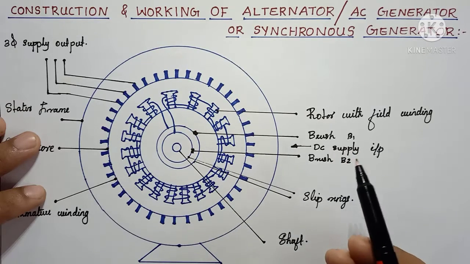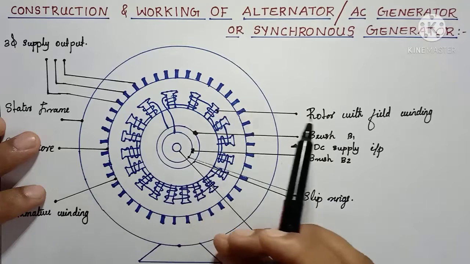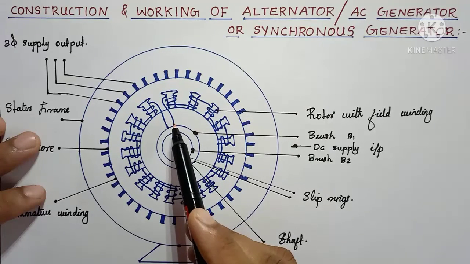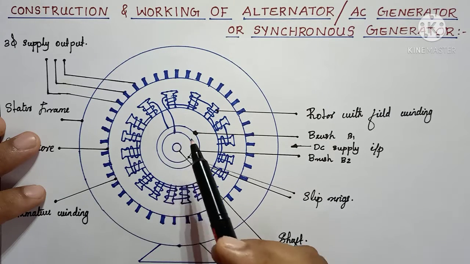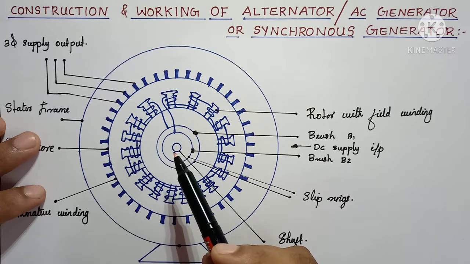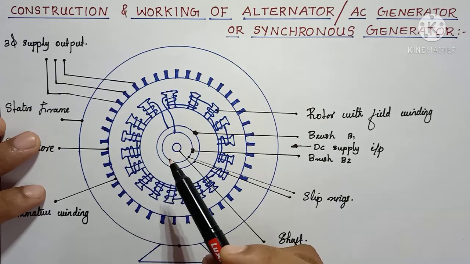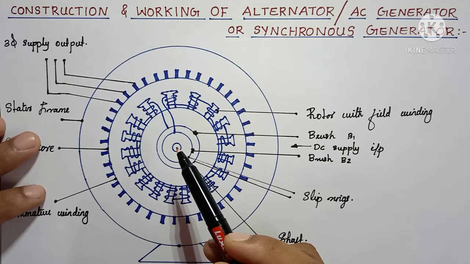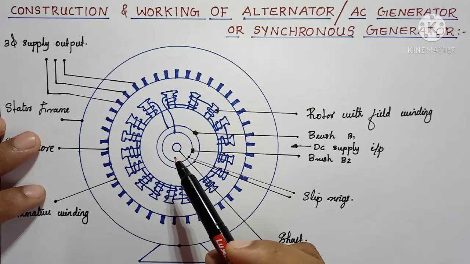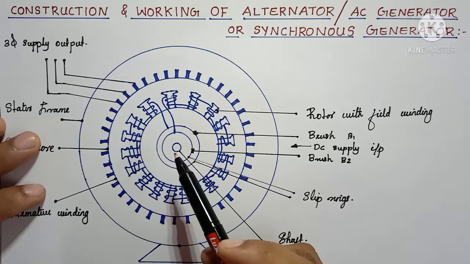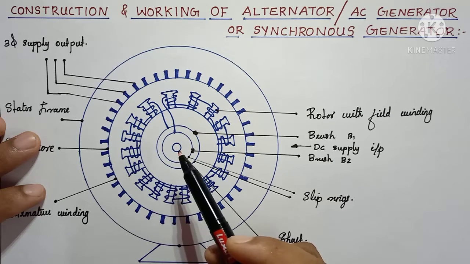Whenever the field windings get excited, and we know that the rotor is rotating with the help of a prime mover. For hydroelectric power plants, that can be a turbine, and that turbine is mechanically coupled to the shaft of the alternator.